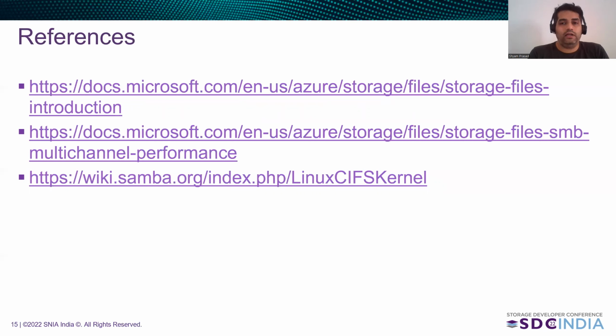So if you try out SMB multi-channel and you're seeing issues with it, you can report it to the Linux CIFS mailing list provided in that link.